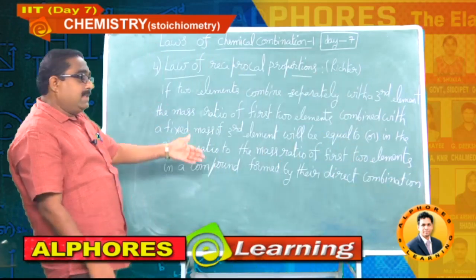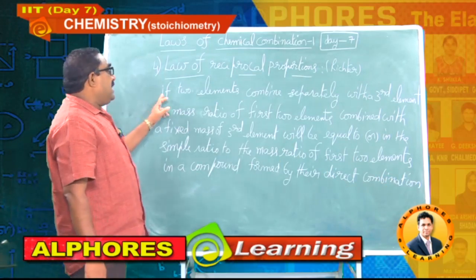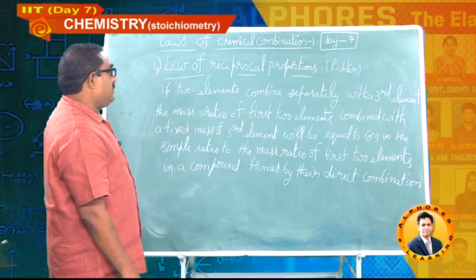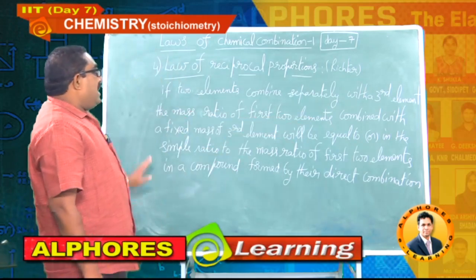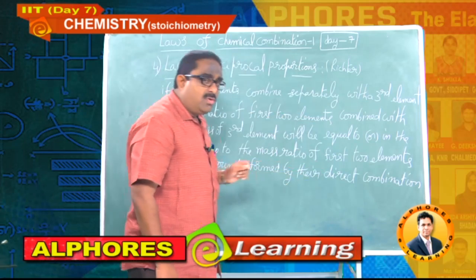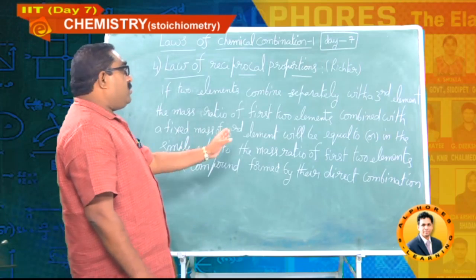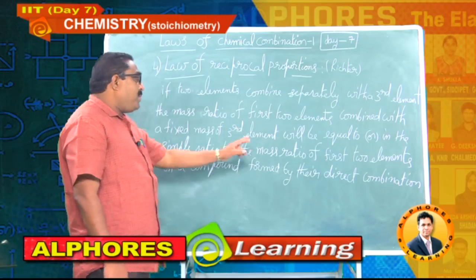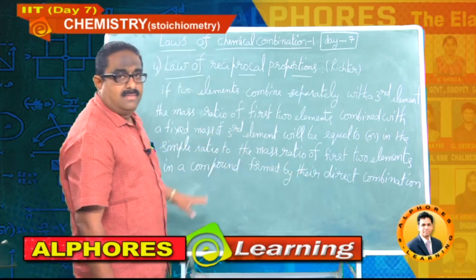Law is lengthy. Write down students, please write down, I will repeat here. If two elements combine separately with a third element, the mass ratio of first two elements combined with a fixed mass of third element will be equal to or in the simple ratio to the mass ratio of first two elements in a compound formed by their direct combination.